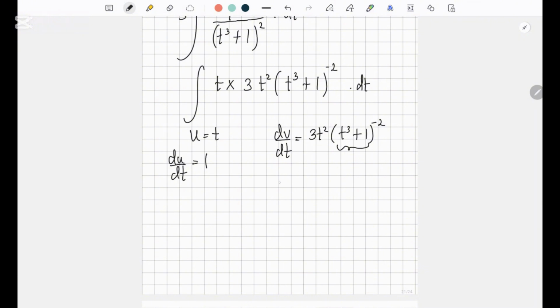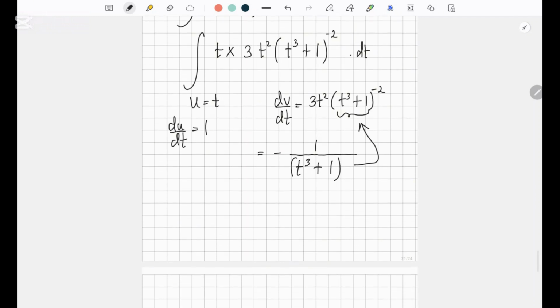So if you look at it like that, if you differentiate 1 over t to the power 3 plus 1, you'll be getting that answer, or with a minus in front.